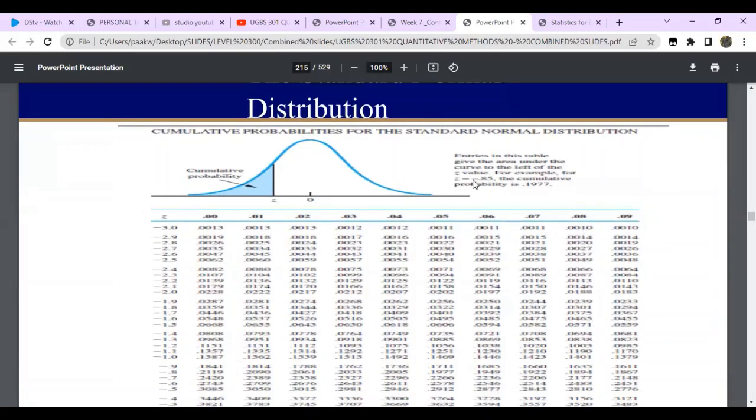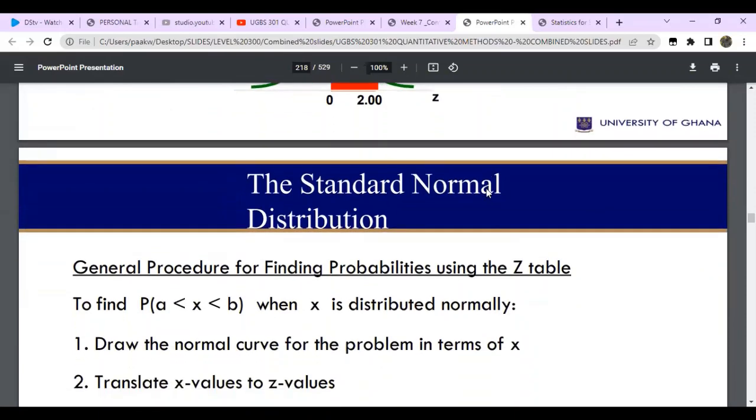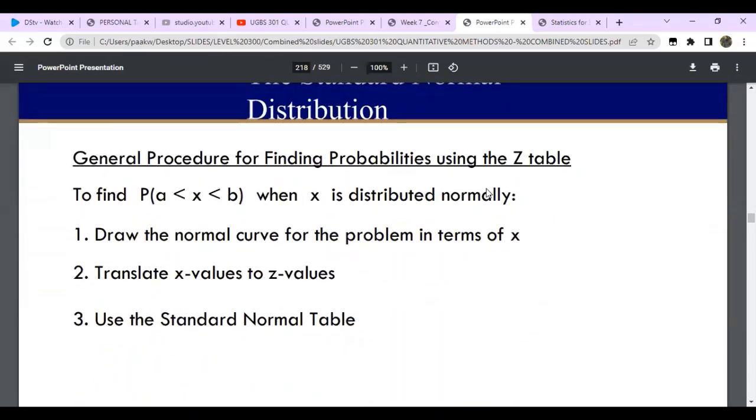We are saying entries in the table give the area under the curve to the left of the z value. You get it? So let's look at the procedure for finding probabilities using the z table.